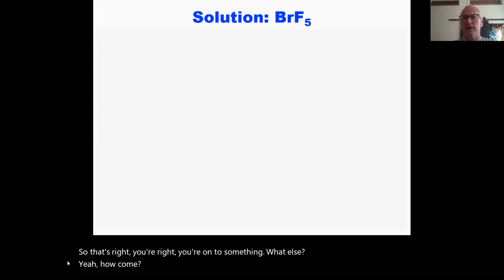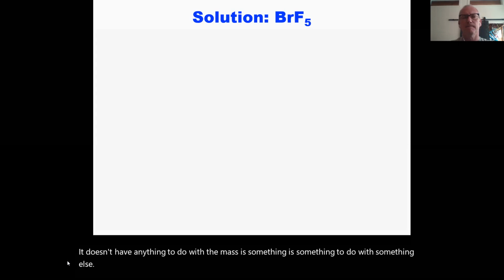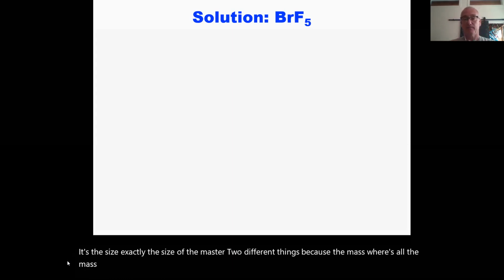Because it's not actually based on mass. It doesn't have anything to do with the mass. Is it the radius? Size? Yeah, it's the size, exactly. And the size and the mass are 2 different things, because the mass, where's all the mass in an atom?